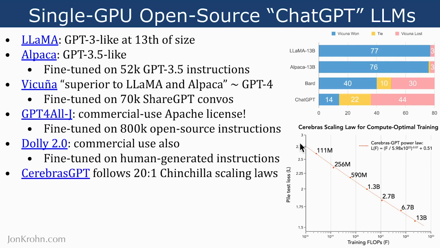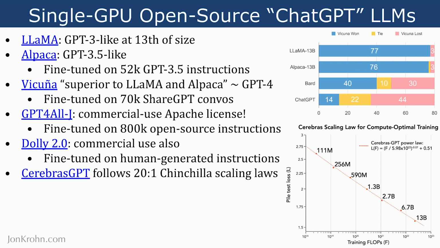A week after that, Cerebras came out with their models, and so this is really interesting. We were talking about a moment ago how, typically with training these LLMs, we train through all of our training data once. A year ago, researchers at Google did an experiment with lots of different data set sizes as well as lots of different model sizes.